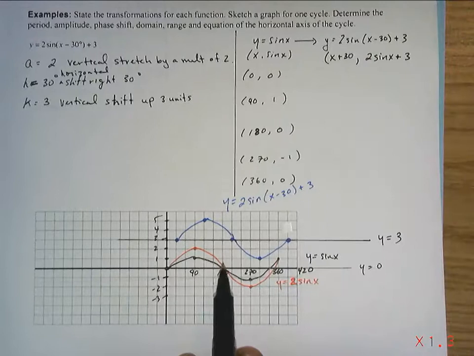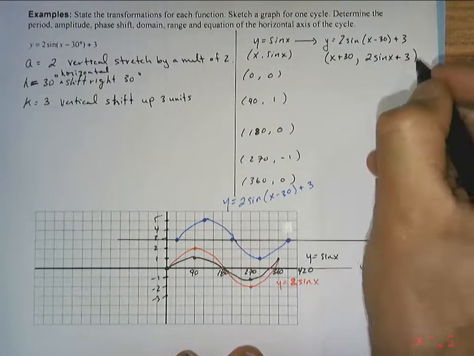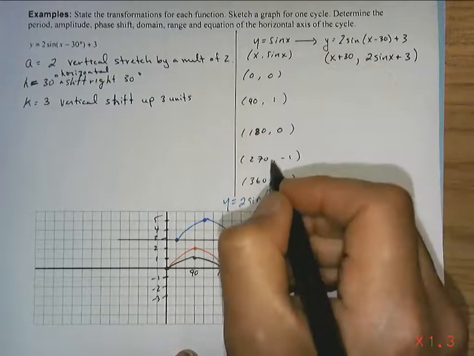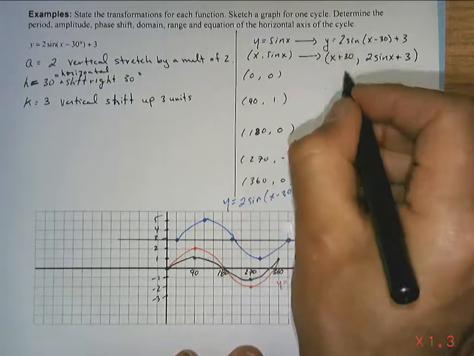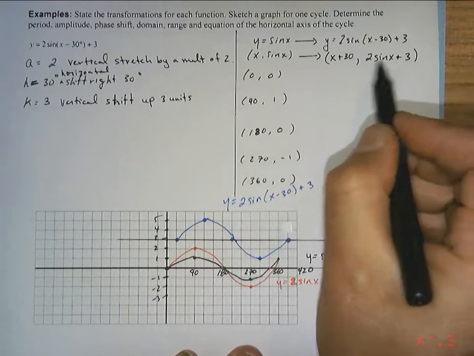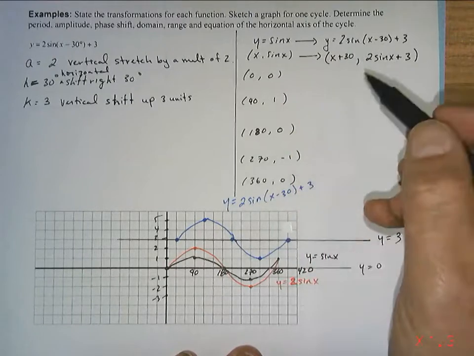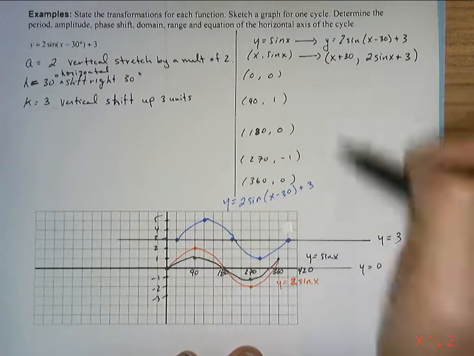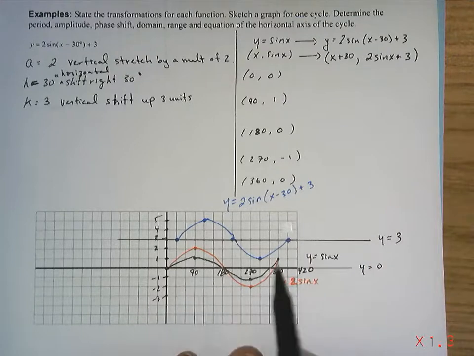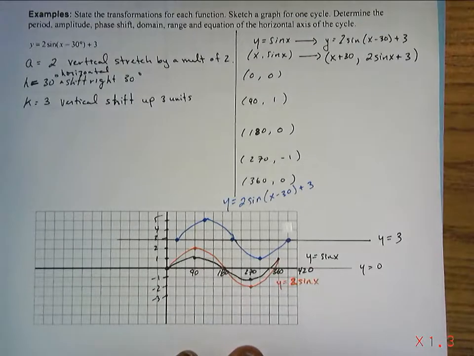That's how we get a movement to the right. We move plus 30 degrees. So if we take each one of these values that was on the original curve and map them, that's why it's called mapping notation, onto these points, then all we would actually have to do is sketch these points and we'd be done. We wouldn't have to do the black curve, we wouldn't have to do the red curve, we would get the blue curve immediately. Let's see how that works.